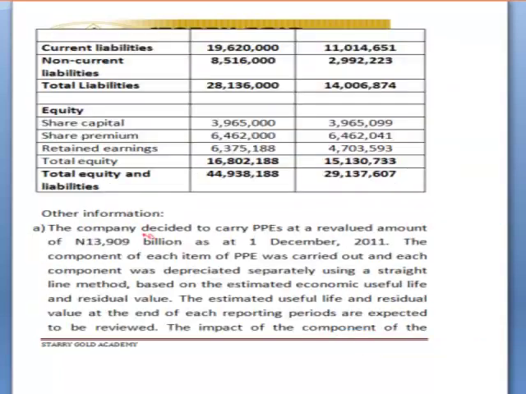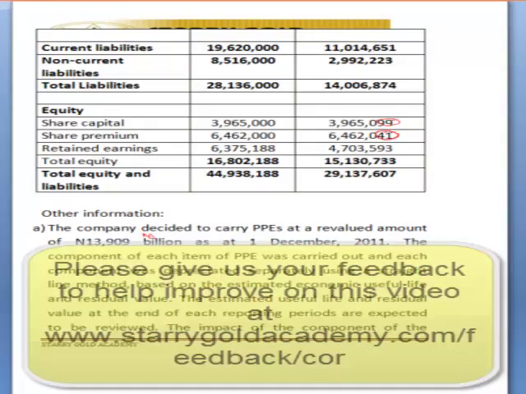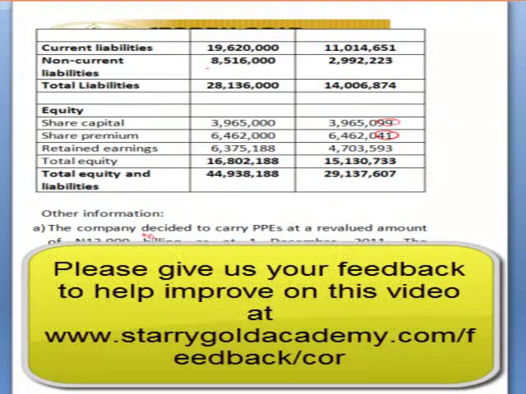Then he should have credited bank or cash. So let's look at the implication on the financial report. You will see that that explains what he has here, and what we have here. So we need to take it out from here and include it as part of our bank or cash.